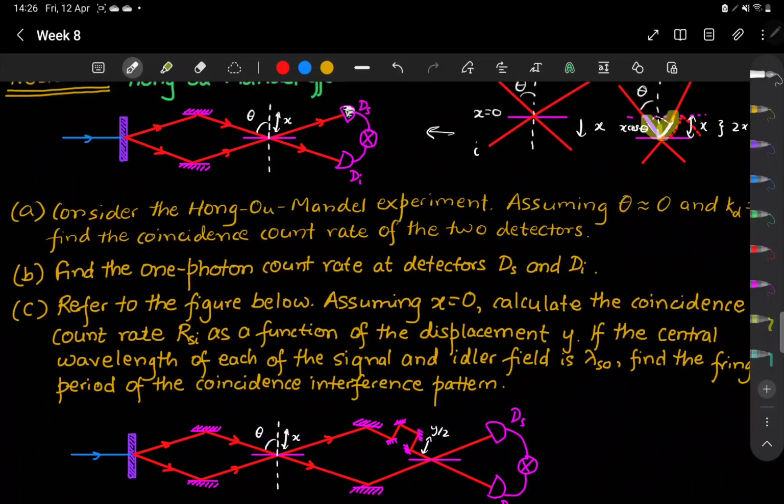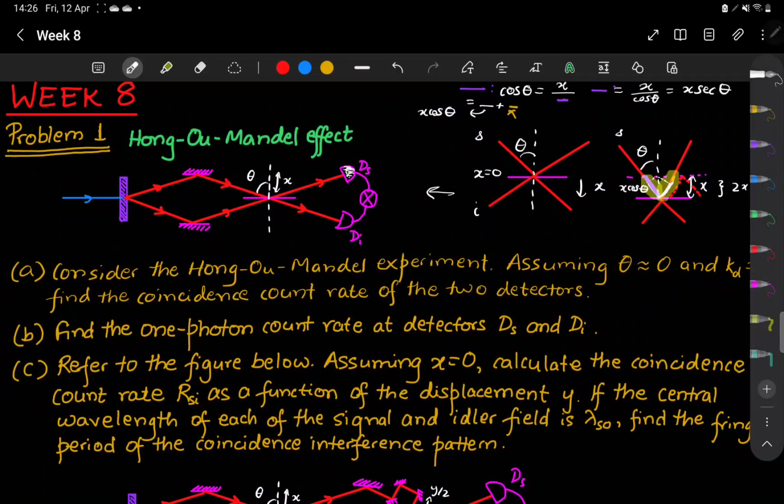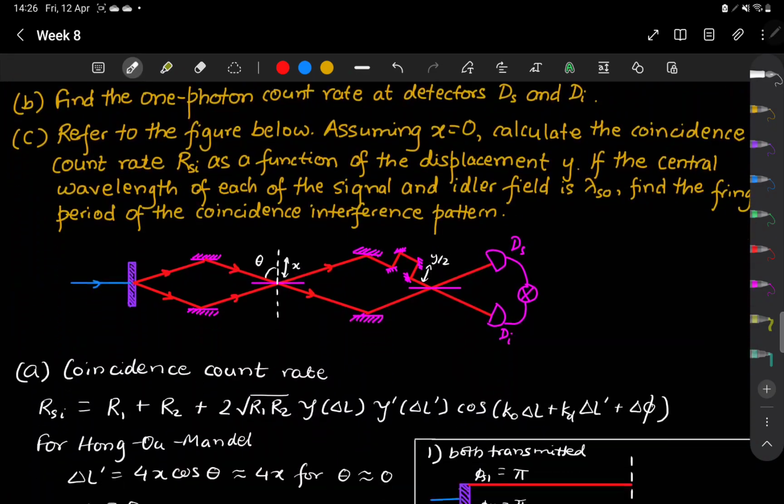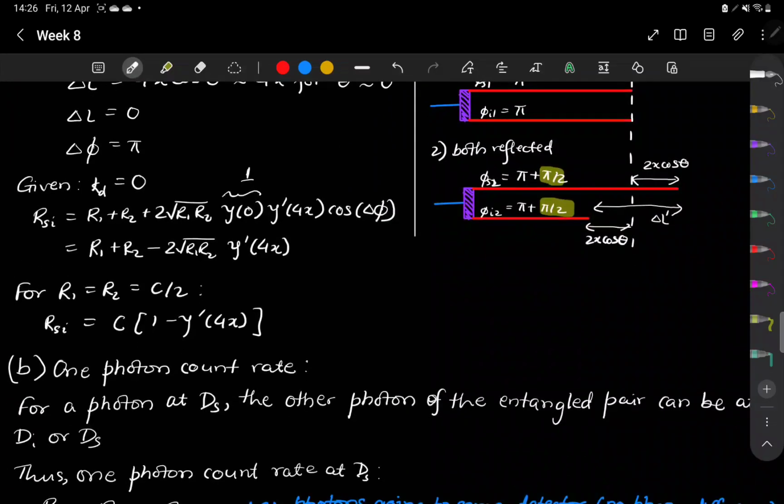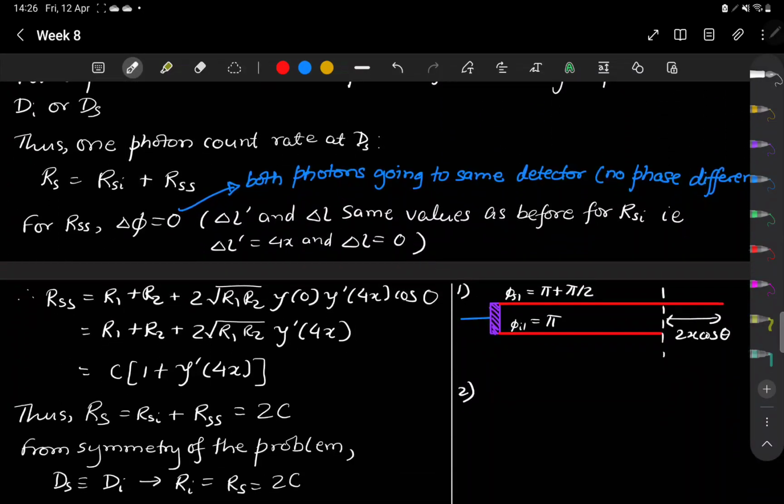The other thing will be of the other one going, meaning the configuration is going to look something like this.